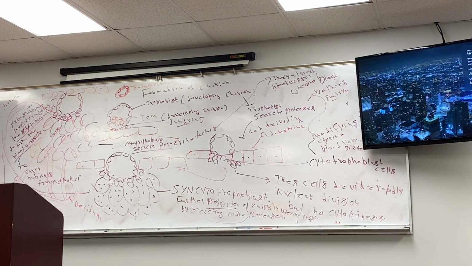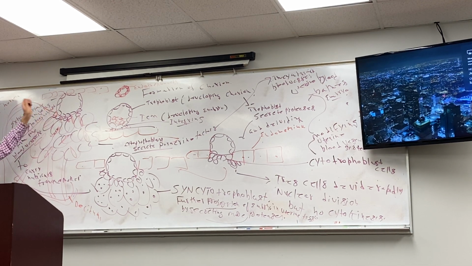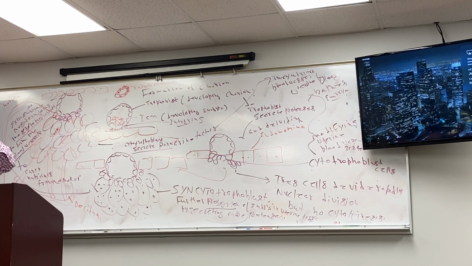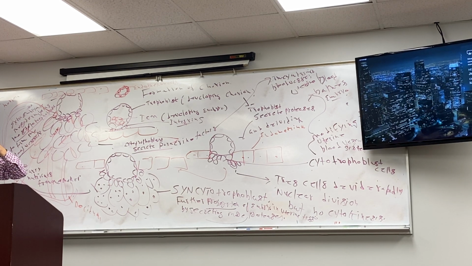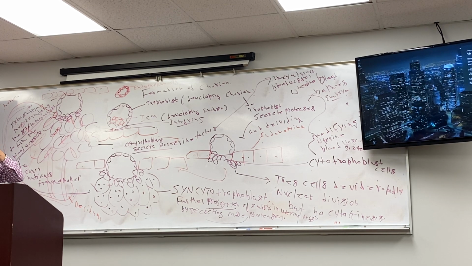Now think about that. A placenta is an organ that is formed by the contribution of tissue from two individuals who are genetically different. This is an important thing to remember.